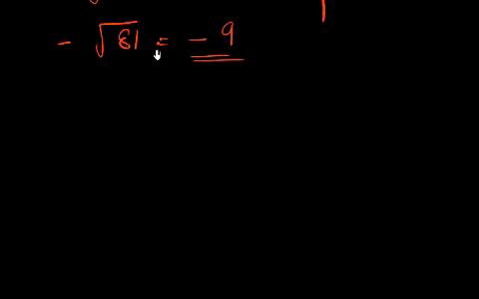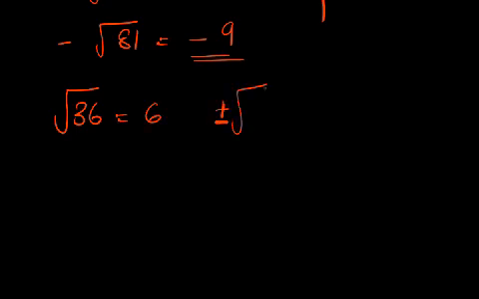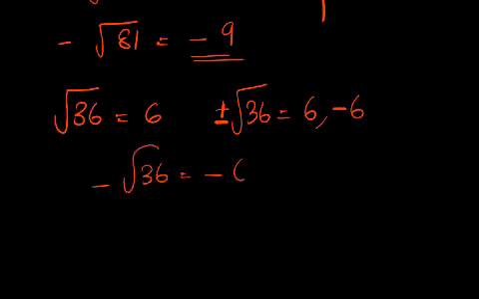I will show another example. Just root 36 means it's 6. Plus or minus root 36 means it can be either positive 6 or negative 6. Negative of root 36 means it's negative of 6.